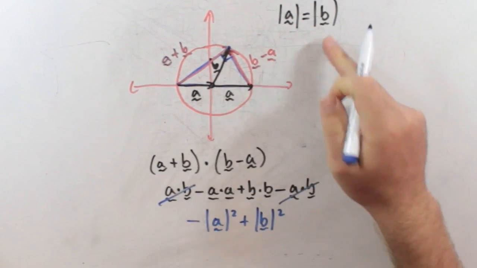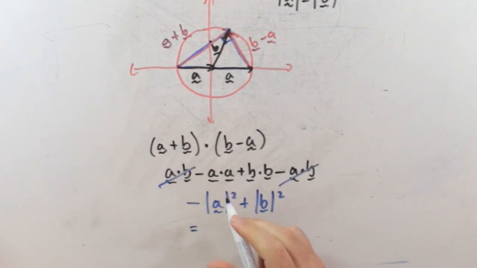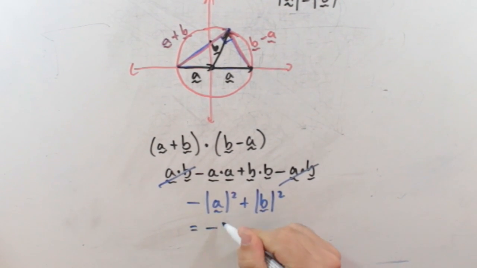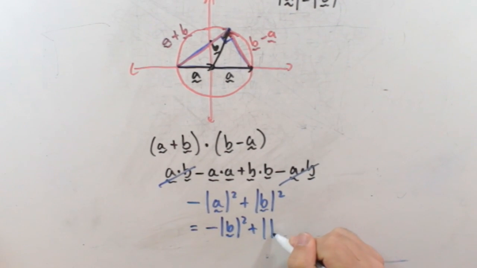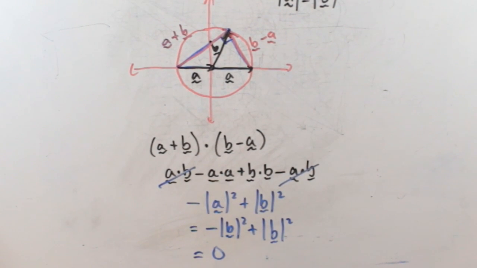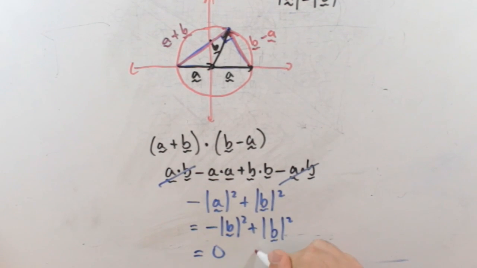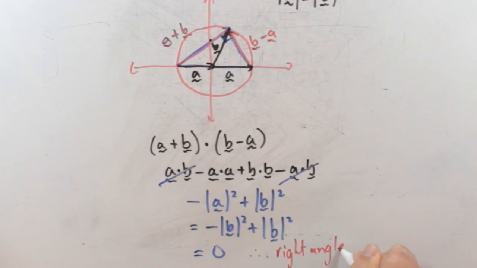And since the magnitude of a is equal to the magnitude of b, this is minus the magnitude of b squared plus the magnitude of b squared, which must equal 0 because they're the same thing. We're taking one away from the other. So therefore, perpendicular, right angle.